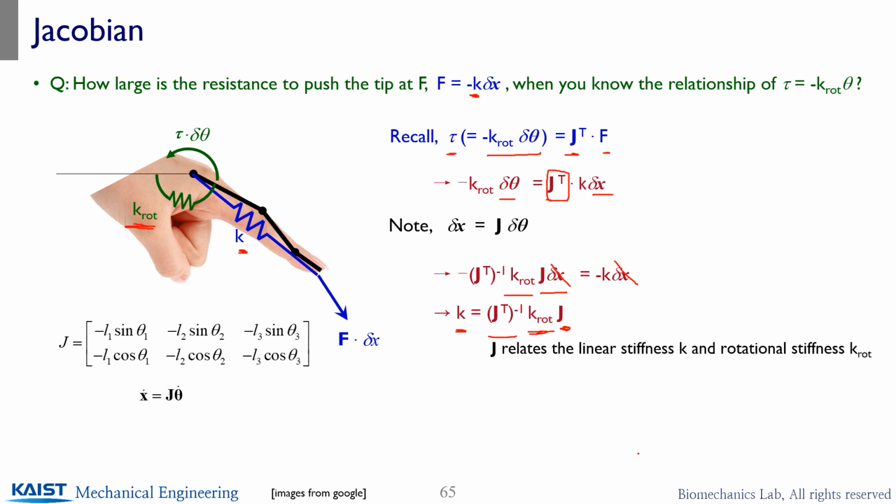So the Jacobian can also relate linear and rotational stiffness. It's because the very first definition of the Jacobian relates linear displacement and rotational displacement, and this can be used to interpret other relationships about torques, forces, etc.